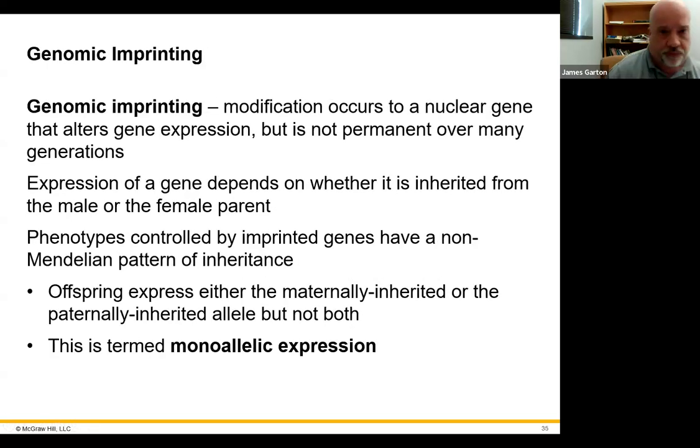And so in imprinting, there is going to be some kind of modification to a gene that's going to change the expression. But again, it is not permanent. Expression of that gene depends upon which parent it is inherited from. And so again, you'll express one or the other, but not both.